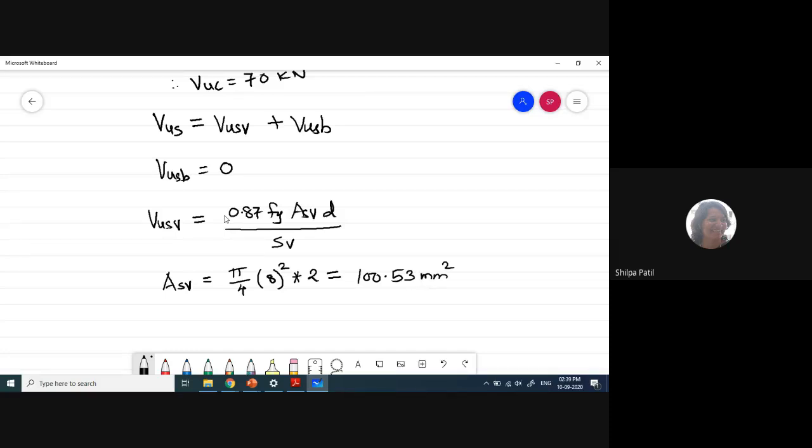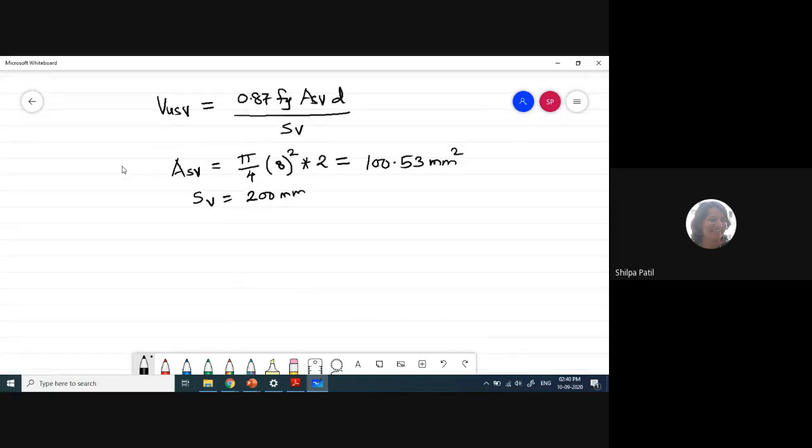And the spacing, that is SV value, is also given. What is that value? 200 mm. Okay. So let us put now all these values in this formula to find out VUSV. 0.87, grade of the steel is 415, right?